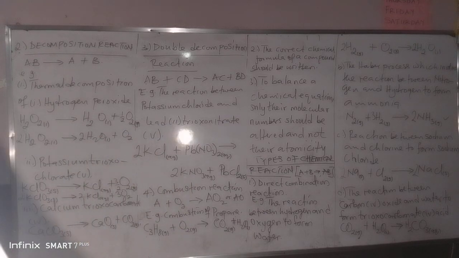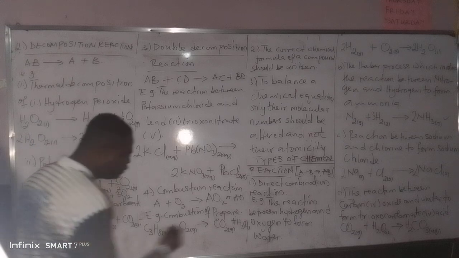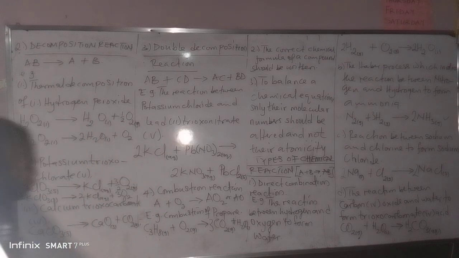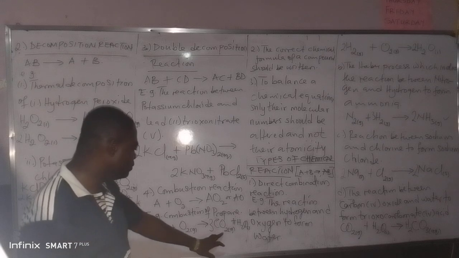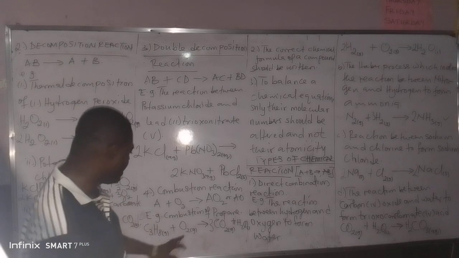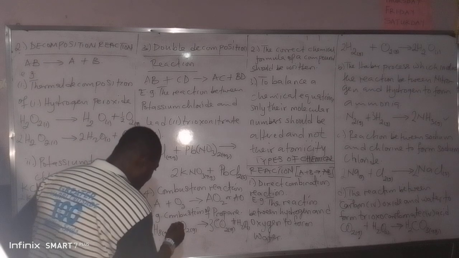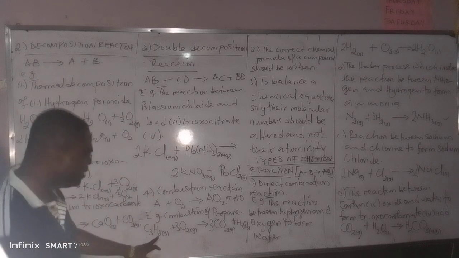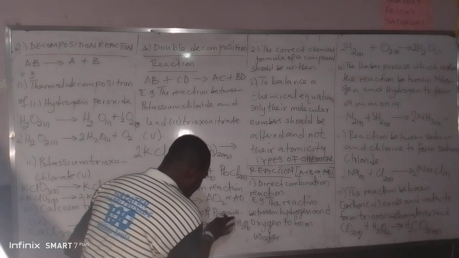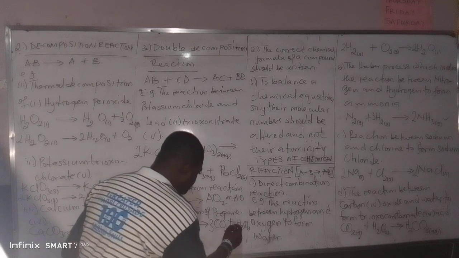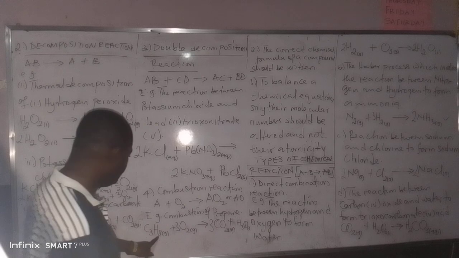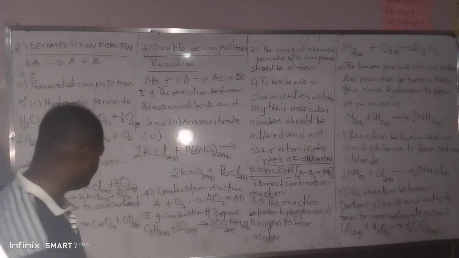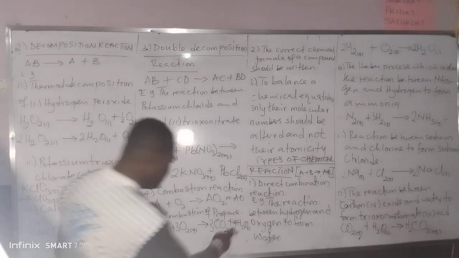So that is it. Carbon here is 3, so I need to put 3 here for carbon. Now, the 3 I put there has affected my oxygen. 3 times 2 is 6. And here I have 2, so I can put 3 here. 3 times 2 is now what? 6. But my hydrogen is 8 here and my hydrogen is 2 here. So if I put 4 here, I have 4 times 2, 8.